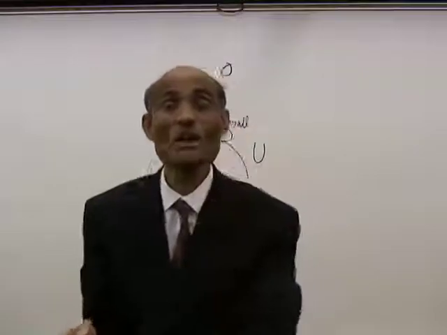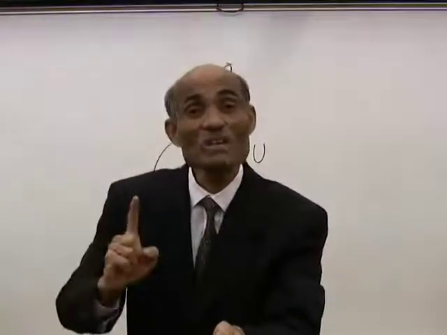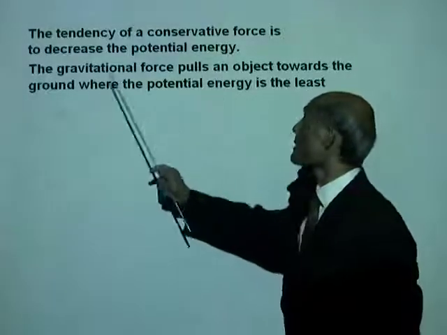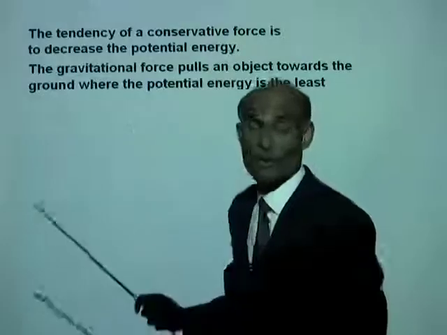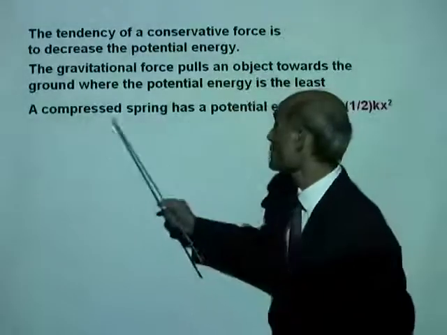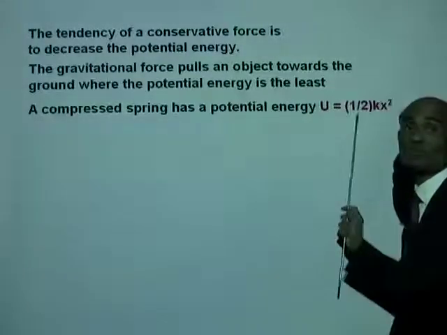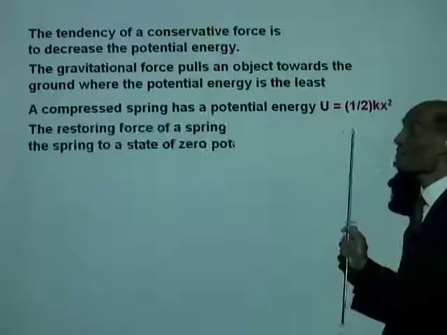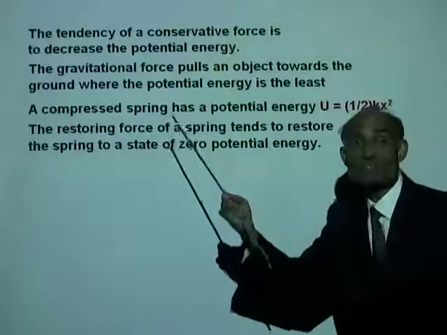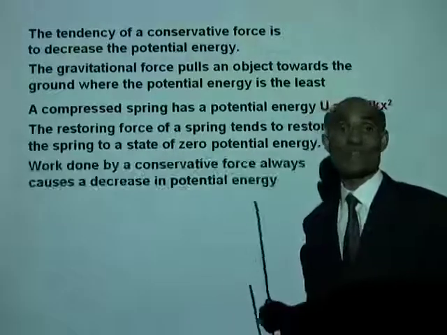So the gravitational force pulls an object towards the ground where the potential energy is the least. A compressed spring has potential energy U equal to 1/2 kx squared, and the restoring force of a spring tends to restore the spring to a state of zero potential energy.